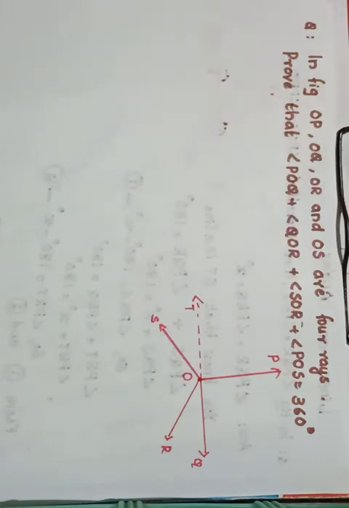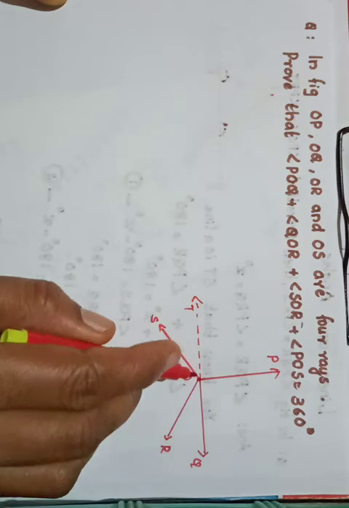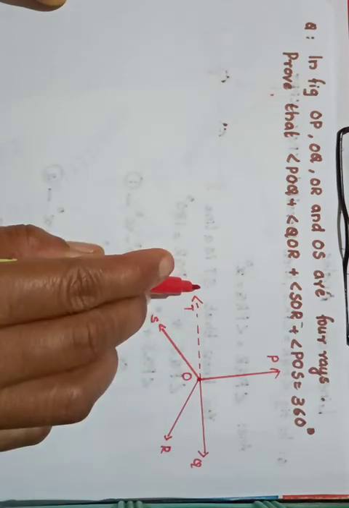Now whether QOT is a line. Yes, because we extended the ray OQ backward.